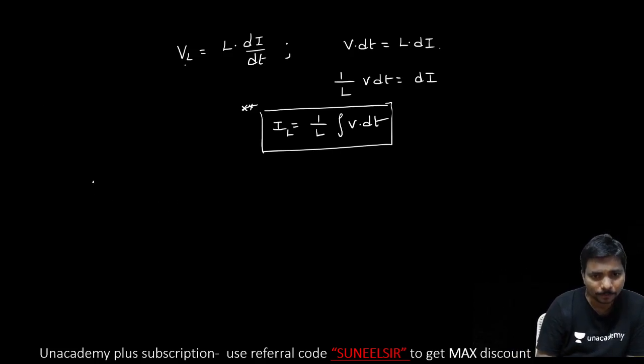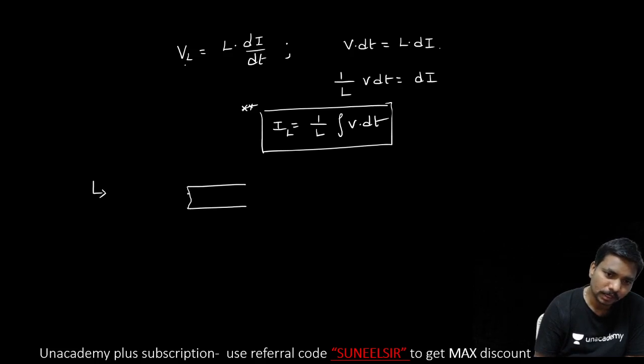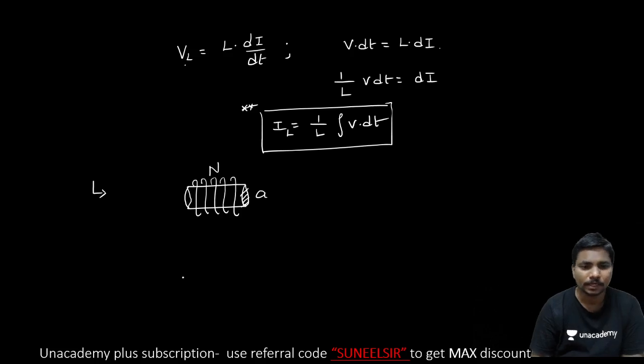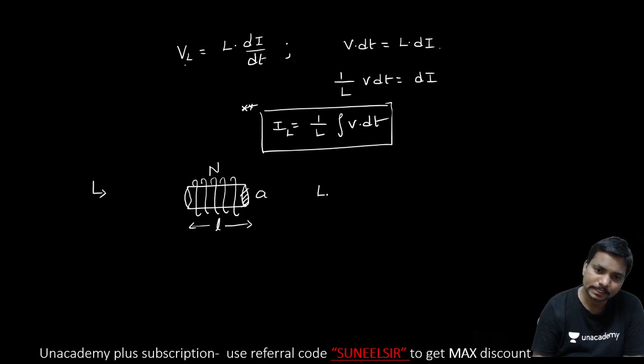Here one more important thing is that, for example, if we have a core having cross-section area A, and you wound a coil on this having n number of turns, and the length of the core is, let us take l, then inductance L is equal to mu n square A by l.